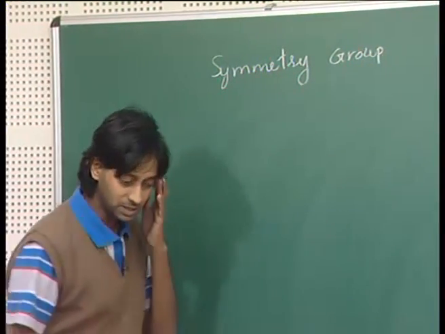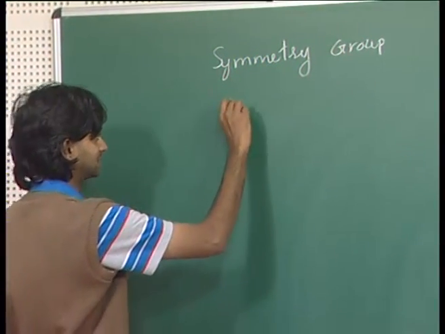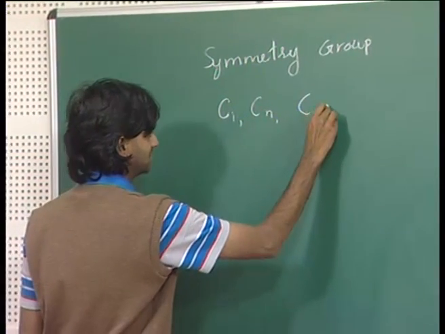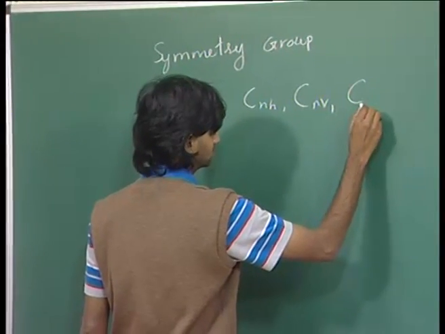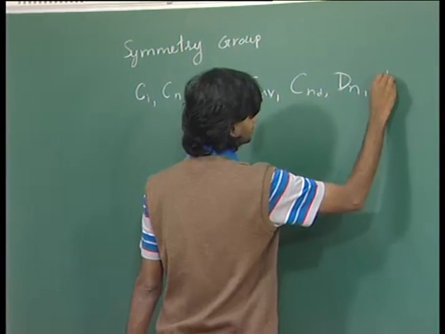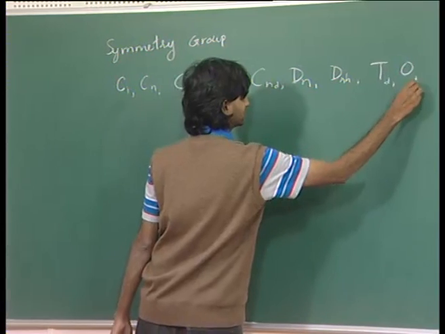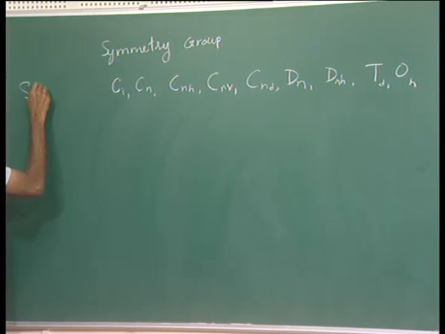We will be using various symbols like Ci, Cn, Cnh, Cnv, Cnd, Dn, Dnh, Td, Oh, etc. These symbols are called the Schoenflies symbols.